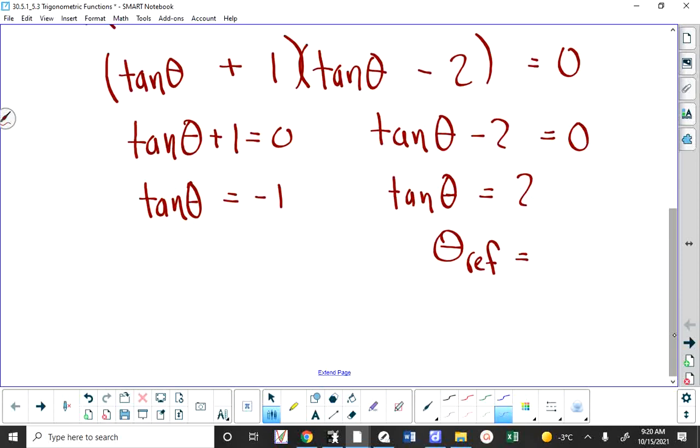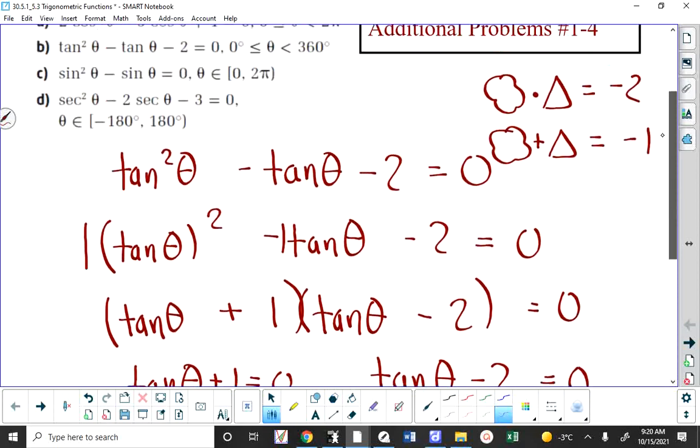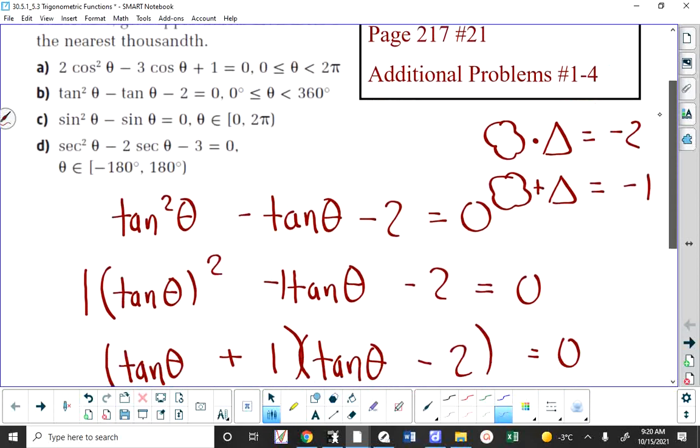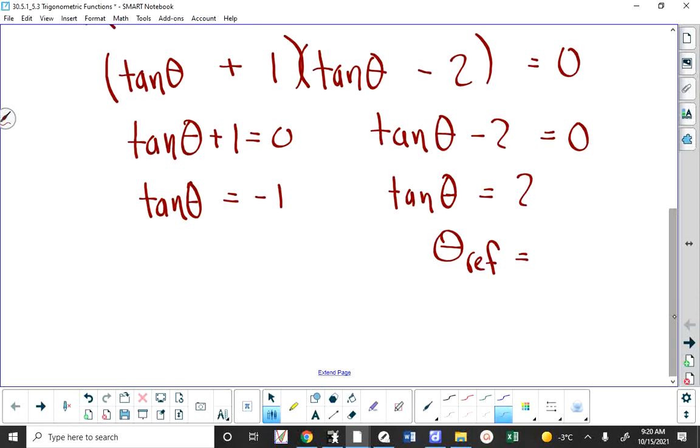So can somebody help me out here? Let's look at the question. Did we want degrees? We did, in fact, want degrees, so we would be in degrees, definitely. If we wanted radians, since we want decimals, we'd be in radians. 63.4. So 63.4 degrees.